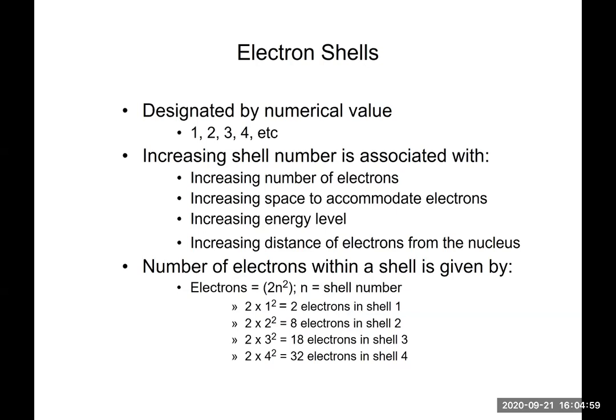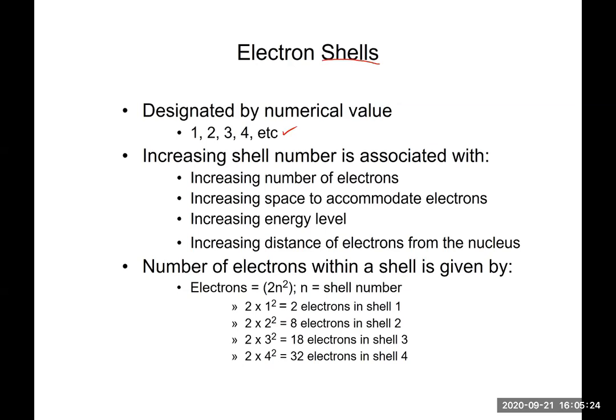So let's first start by looking at the electron shells. The electron shells are designated by this numerical value, and again, that's been introduced to you when we looked at the periodic table. They are at the left side, that is 1 through 7 that we looked at. Each row or period has an energy value associated with it that designates the shell, the valence shell we talked about.